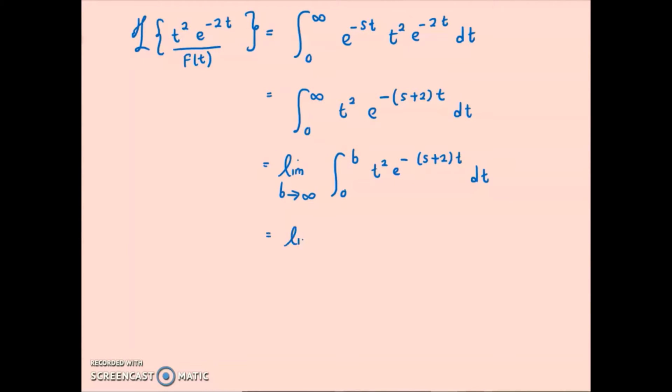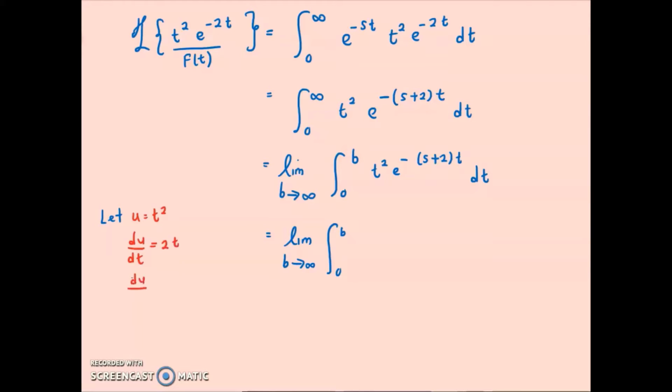Okay, so I can see that you need to use integration by parts for this integral here. So let's write it here. Let u equal t squared. So we have du/dt, taking the derivative, 2t.